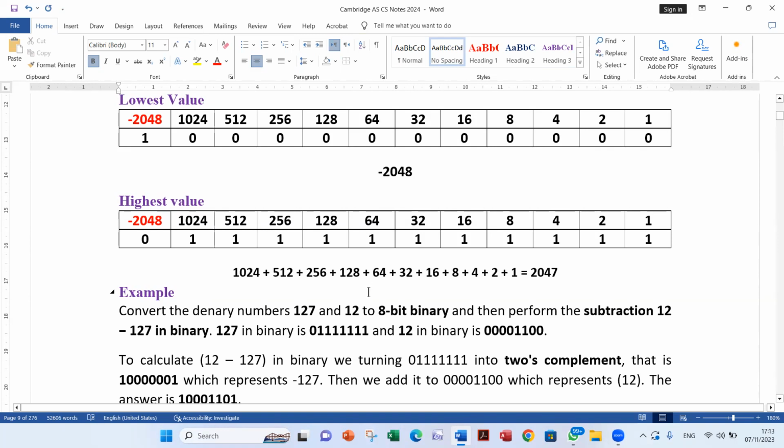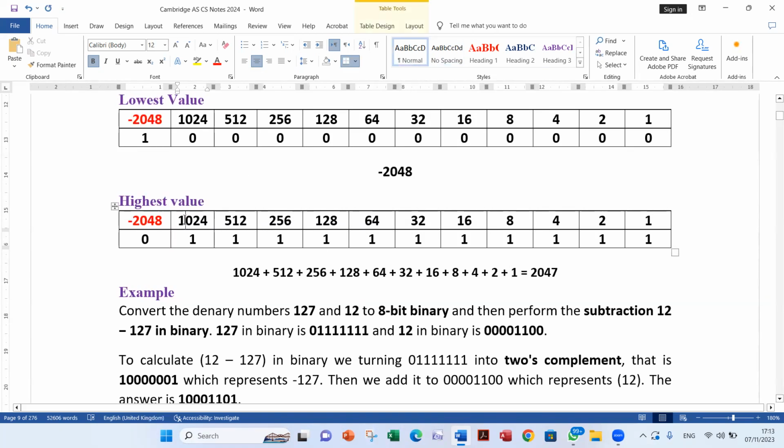Or you may think that this is 2 to the power of 0, then power 1, 2, 3, 4, 5, 6, 7, 8, 9, 10. So the top weight is 2 to the power of 10, and you may think of twice of this minus 1.